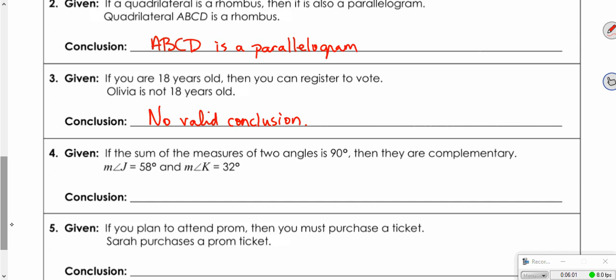So yes, let me back up, I don't need the measures. Just angle J and angle K are complementary. Are we okay with that? Okay.